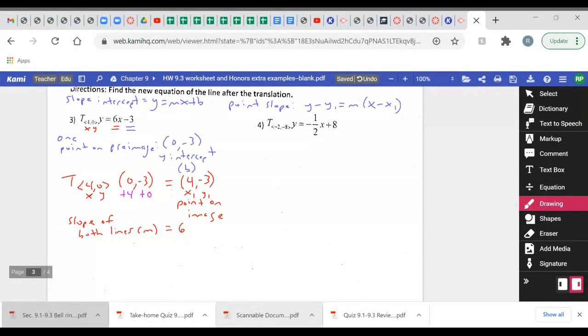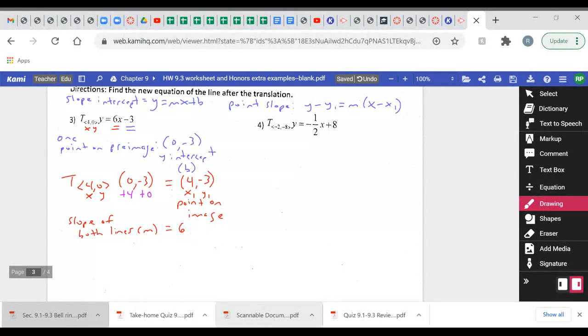The original line had a slope of 6, and this new line is also going to have a slope of 6. We haven't changed that. We've just shifted one of the points somewhere else.